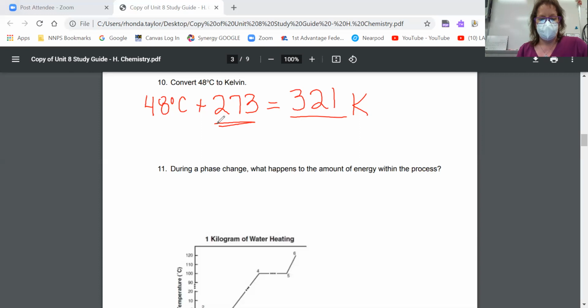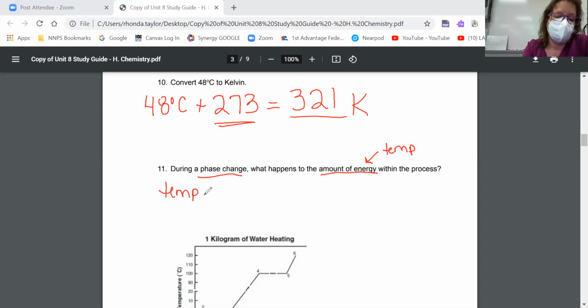All right. For this next one, during a phase change, so when we're going from solid to liquid or liquid to gas, or the other way around, from gas to liquid or liquid to solid, what happens to the amount of energy? In this case, I want you to think of energy as temperature. I remember we said temperature remains constant, which we're going to show you on the next graph.